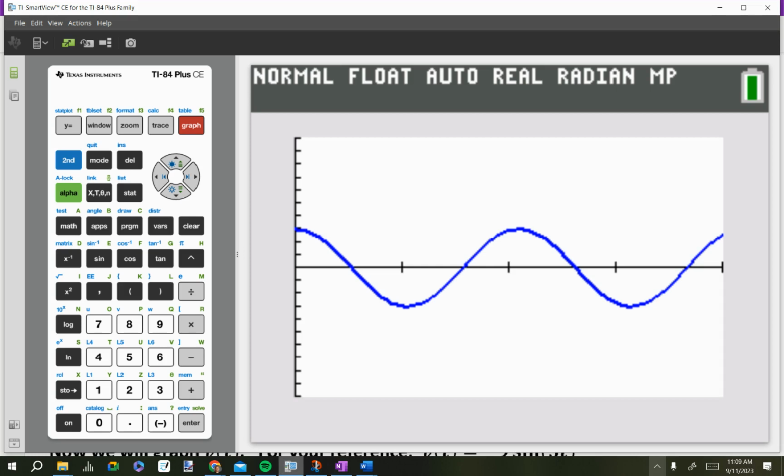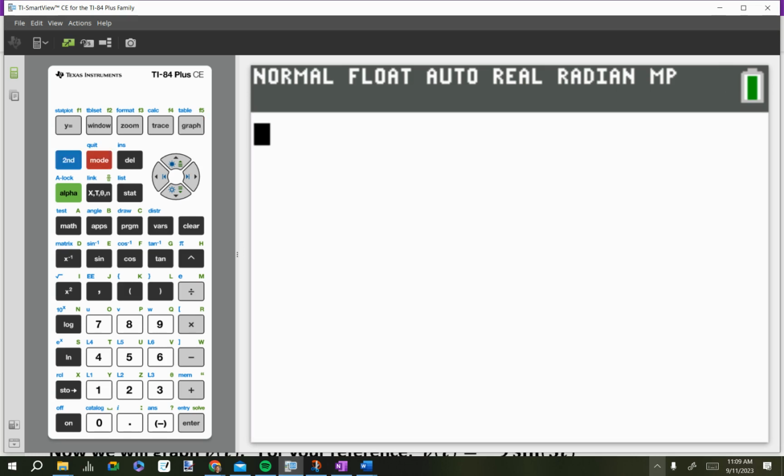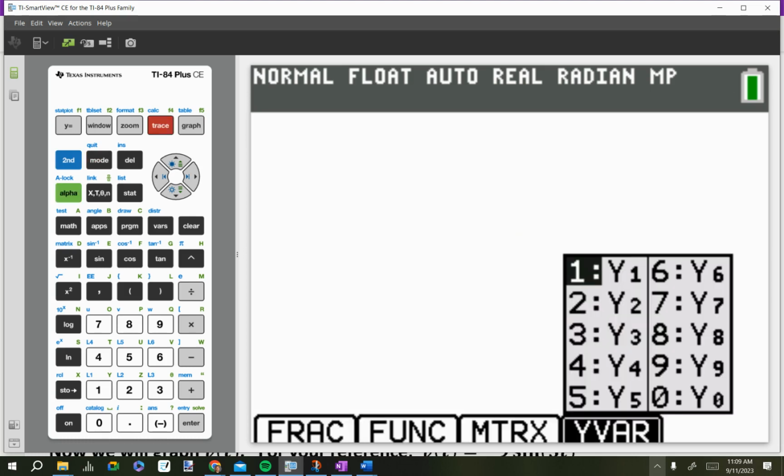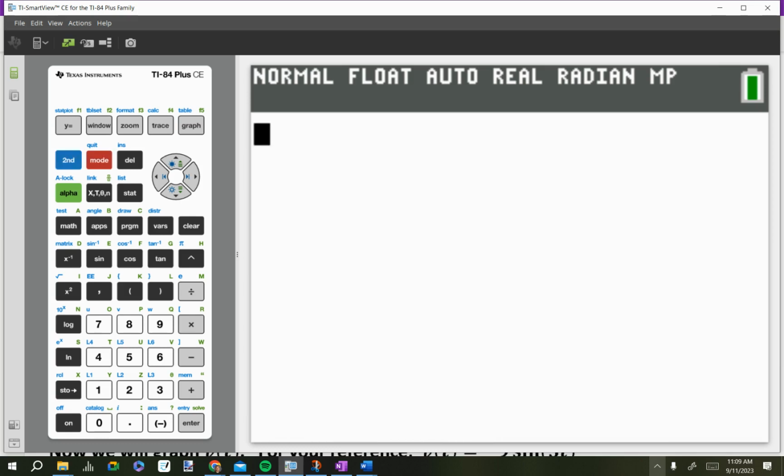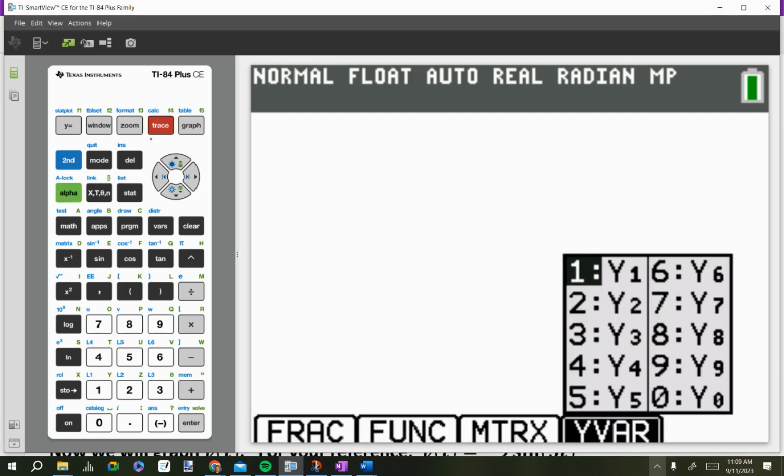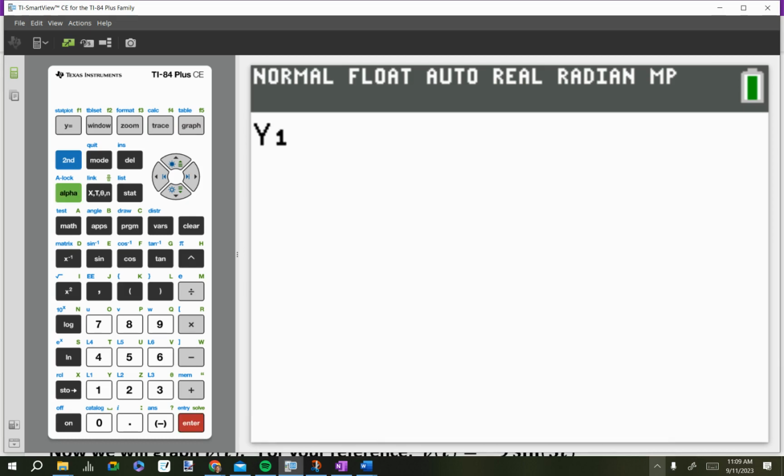Let's do that now. I'm going to go second quick. I'm going to type that in just like I saw. I'm going to go alpha, F4, and I'm going to pick Y1. So again, look what I just hit. I went alpha, the green button. F4 up here on this top menu. I'm going to pick Y1 just like that.